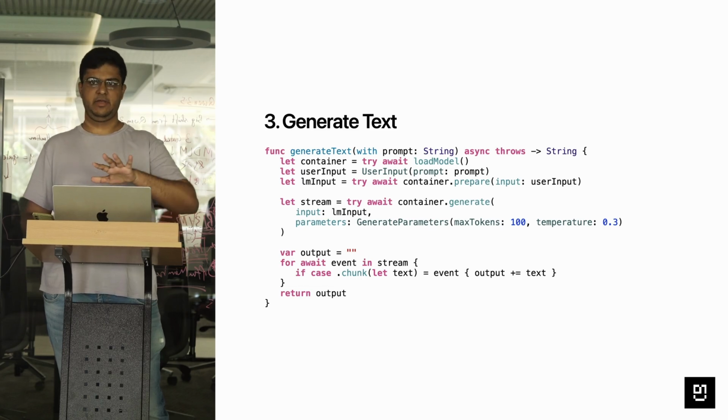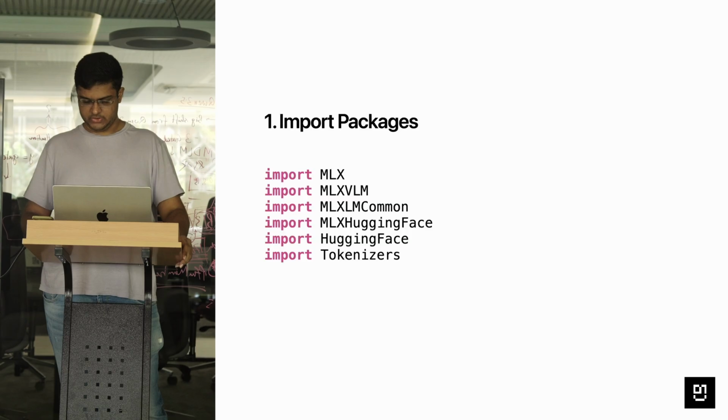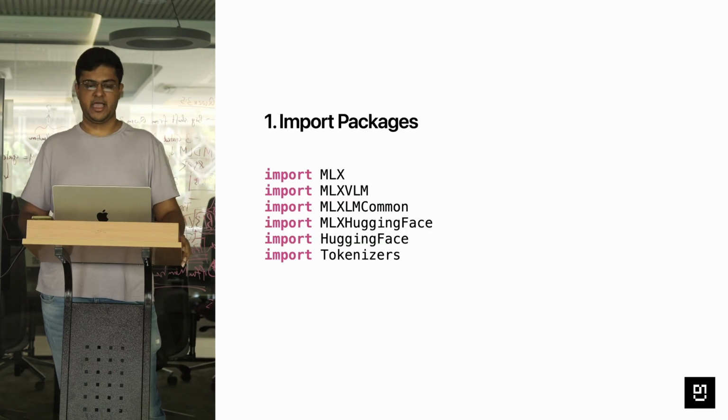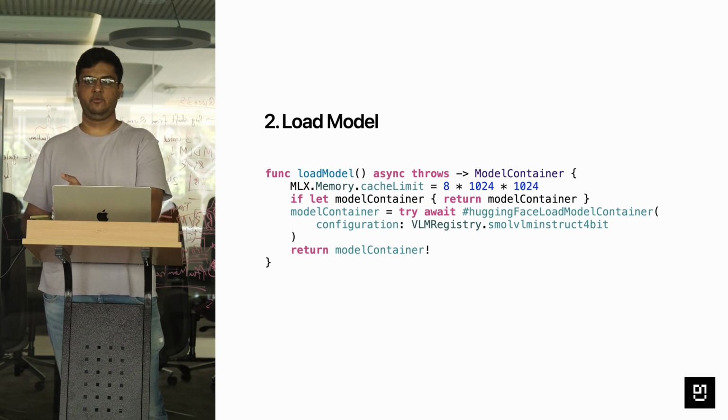So this is the LLM integration part. Now let's go on to the VLM. You can also integrate a VLM in your app. Similarly, the same way of importing packages, the same way of loading. We are using a small VLM instruct 4-bit model here.